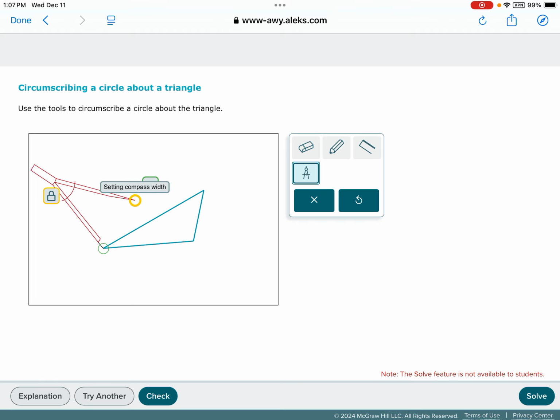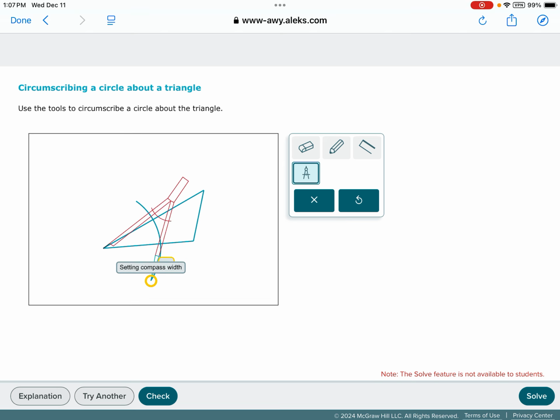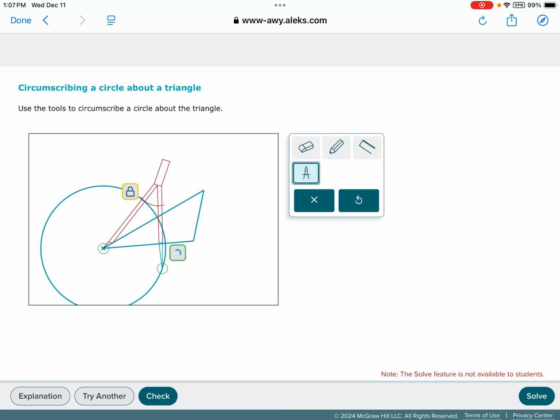I really just need an arc above and below that line, but I can go ahead and make a full arc like that.